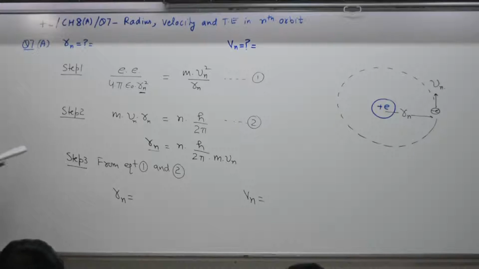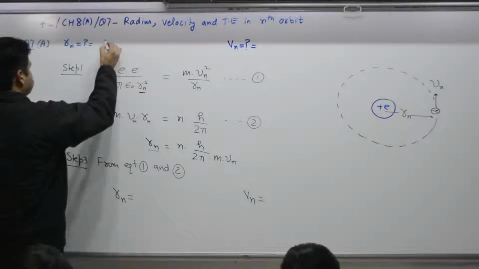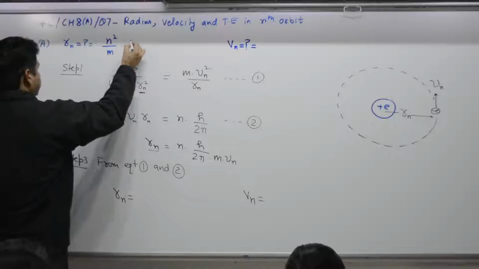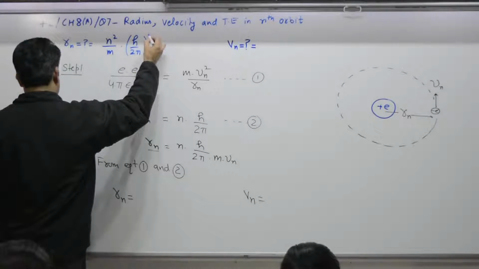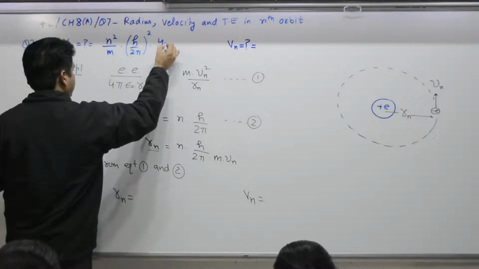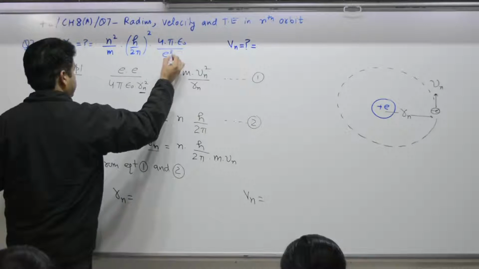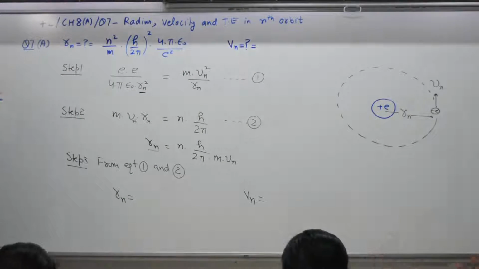When you solve it, I'll write the answer. Rn is equal to what? n square by m, h by 2 pi square, 4 pi epsilon naught by e square. How many of you are getting this answer? Fine.